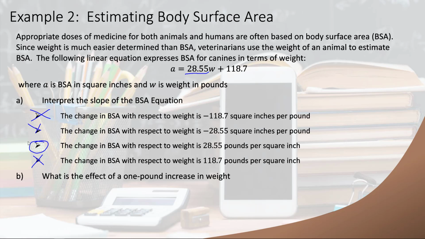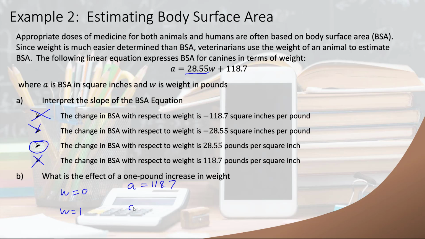Okay, let's take a look at Part B. Part B is, what is the effect of a 1 pound increase in weight? Well, this is a linear equation. Suppose W is equal to 0. Then A is equal to 118.7. What if W is equal to 1?